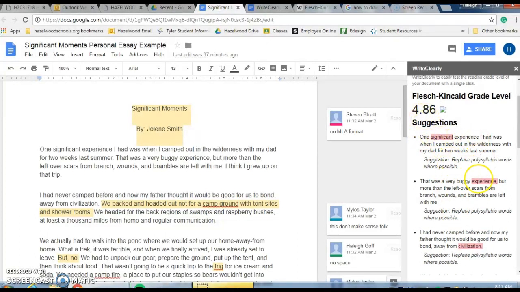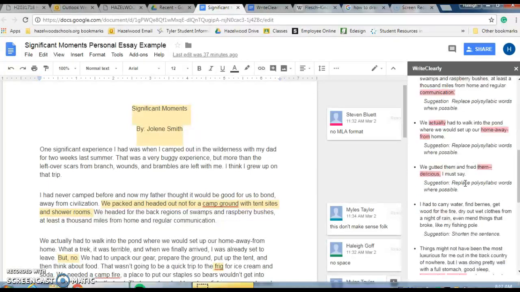So basically, if you do look at the suggestions, you want to do the opposite of that. So it suggests to replace polysyllabic, which means multi-syllable. It wants you to replace those multi-syllable words with shorter ones. We want to replace simple words with multi-syllable words, better words for really simple ones we've been using.